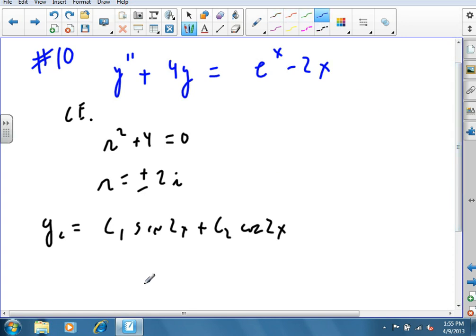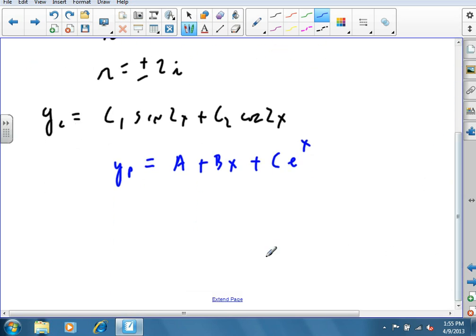Alright, now y sub p is going to be in the form a plus bx plus c e to the x. So I need something that's the function x, something that's the derivative of the function x, and something that represents all the derivatives of e to the x. And all the e to the x guys are e to the x. Y prime p is b plus c e to the x. Y double prime p is c e to the x.